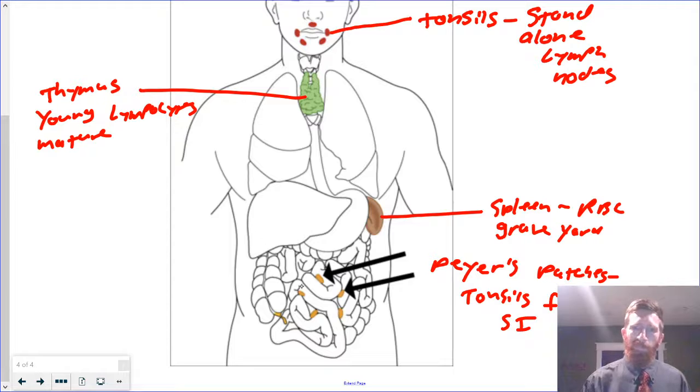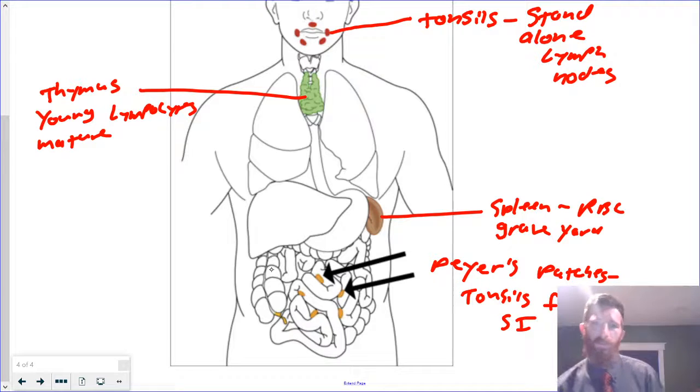But that's a topic for another day. So Peyer's patches, lots of bacteria in the small intestine, and these are just there as guards, as sentinels to make sure that bacteria stays in the small intestine and doesn't get out to the rest of the body and then wreak havoc and cause harm and sepsis and all sorts of stuff like that.